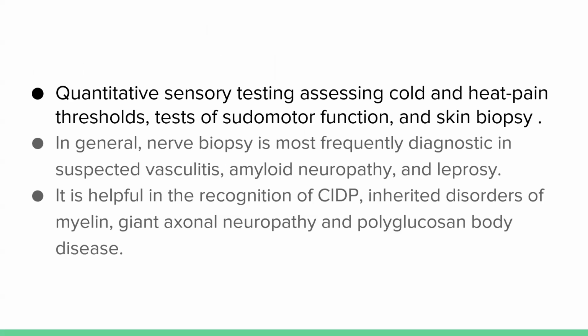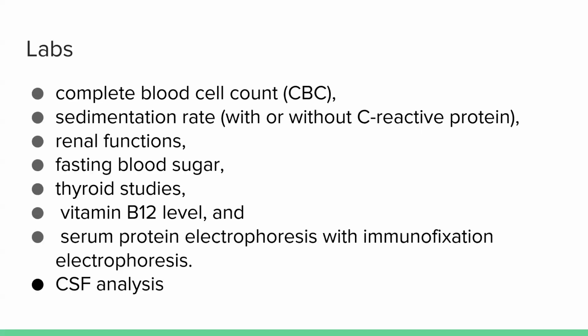The quantitative sensory test and the skin biopsy, etc., are usually for small fiber neuropathies. In general, nerve biopsy is only recommended for vasculitis or amyloid or leprosy. Sometimes maybe CIDP. I have never seen a nerve biopsy done. It's just a theoretical concept for me.